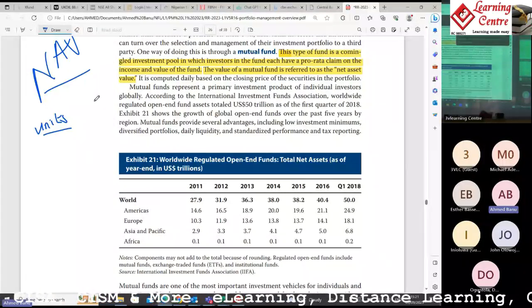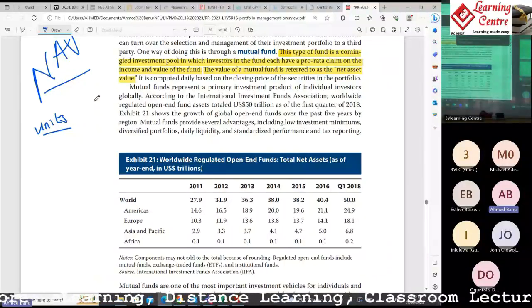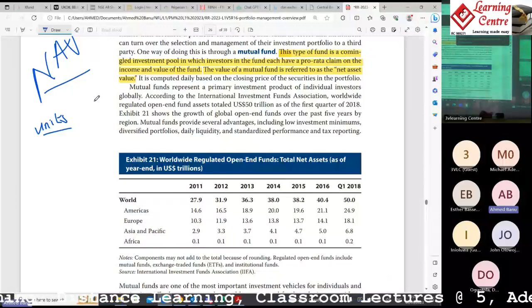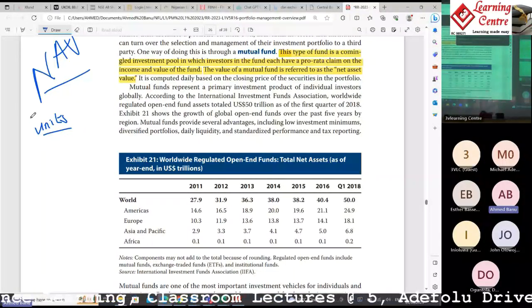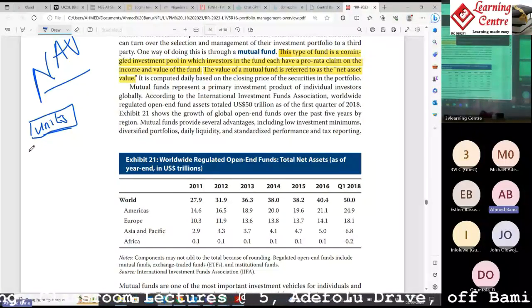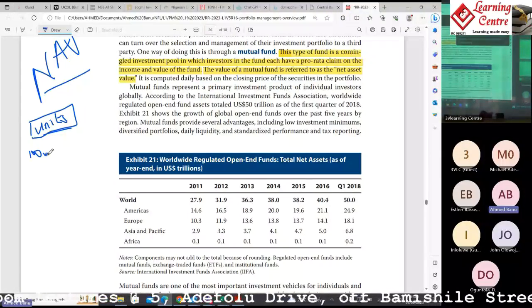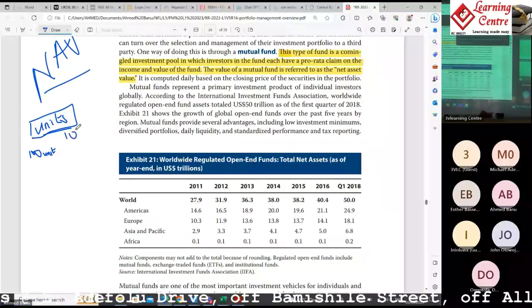So the units are the evidence that Esther has invested in a money market fund, or a stock mutual fund. Now, the way it works is at the beginning of that fund, the asset manager might decide to have, let's say, 100 units, hypothetically. And is trying to raise 100,000 naira.